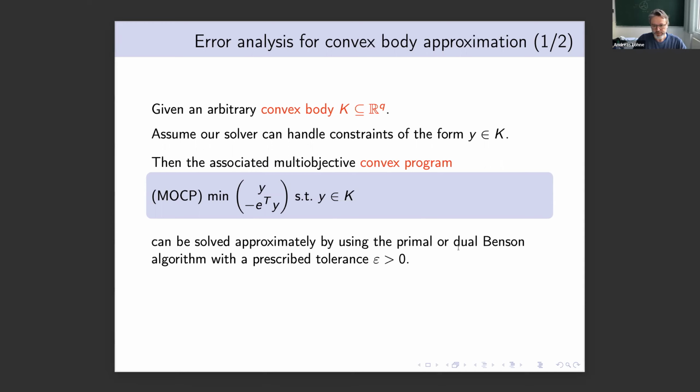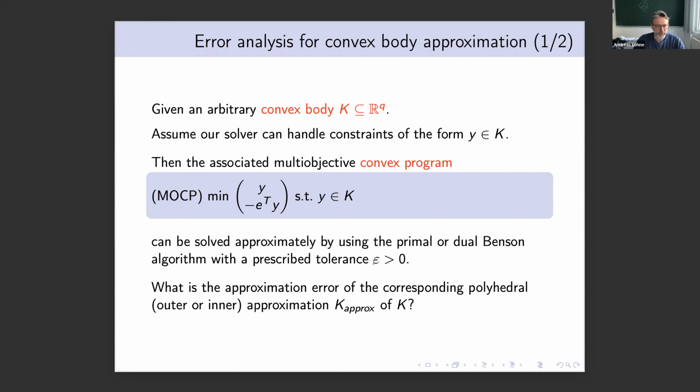So we assume we solve this problem by the primal or dual Benson algorithm, then we usually have a prescribed tolerance epsilon. And the question is, what is the approximation error of the corresponding polyhedral inner or outer approximation of the given convex set K?